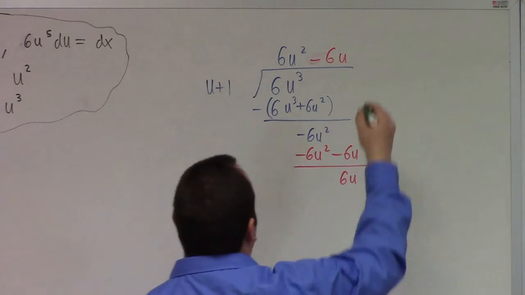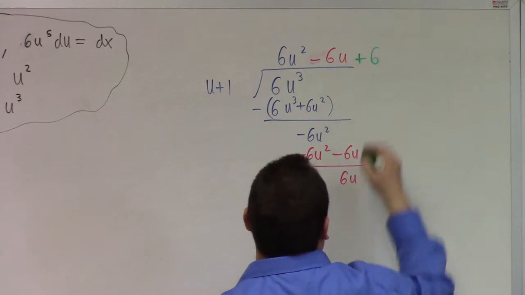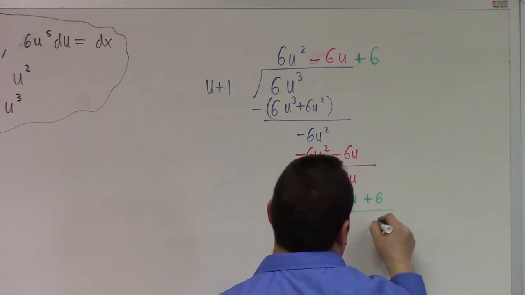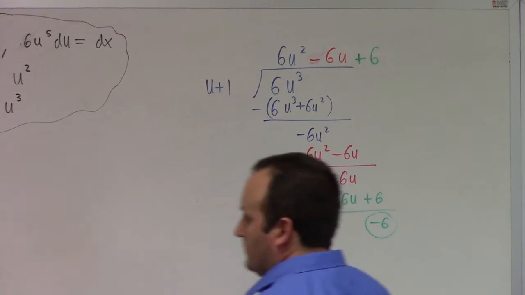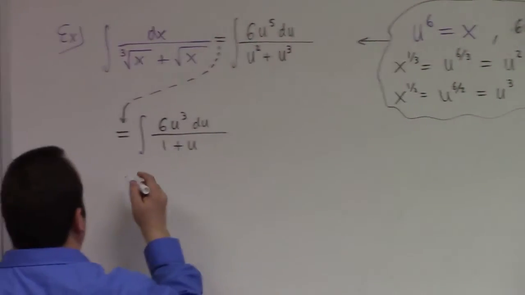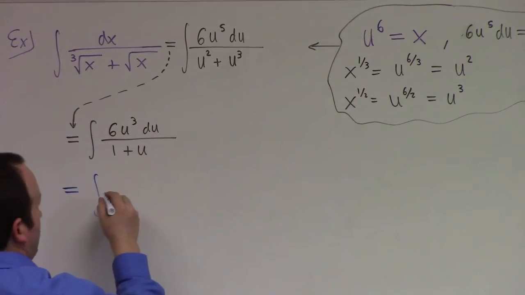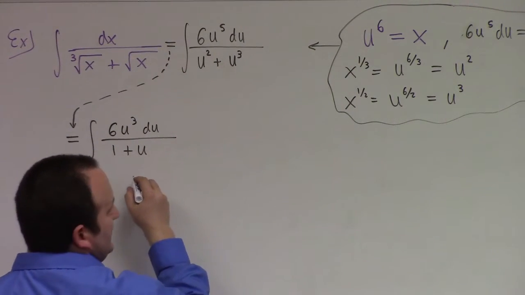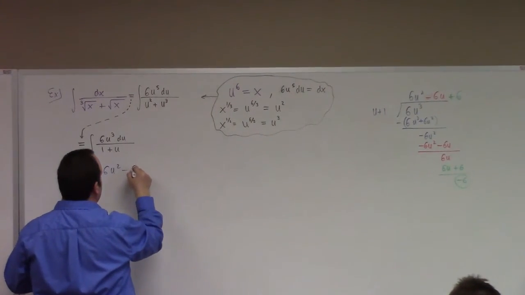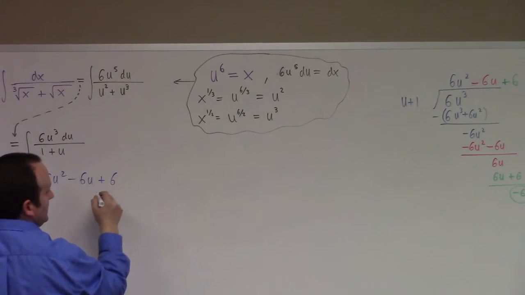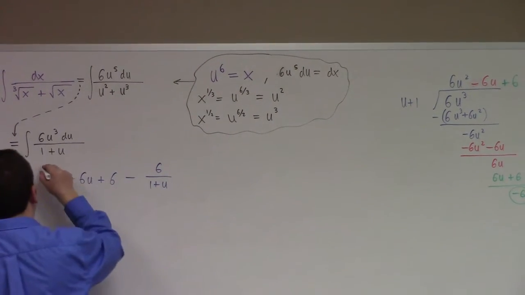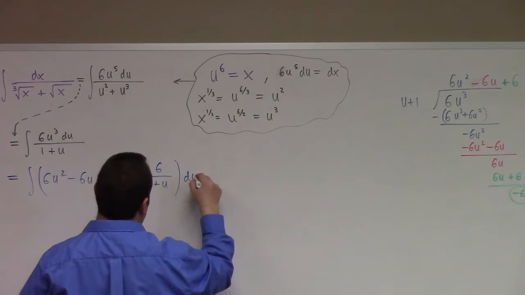Yeah, plus 6. All right, so this gives us then, in fact, we can rewrite this as the integral of, let's see here, we got 6u squared minus 6u plus 6 minus 6 over 1 plus u du.